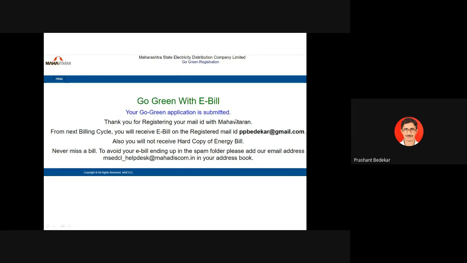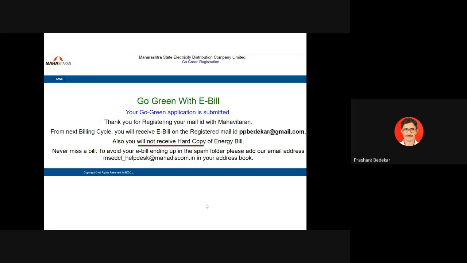Your Go Green application is submitted. And the important thing is that now you will not receive a hard copy of the energy bill. So every month I am saving 1 page of paper, and at the same time I have minimized my electricity bill by 10 rupees per month.